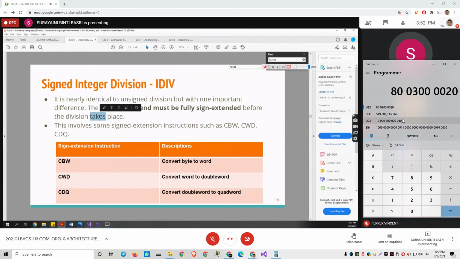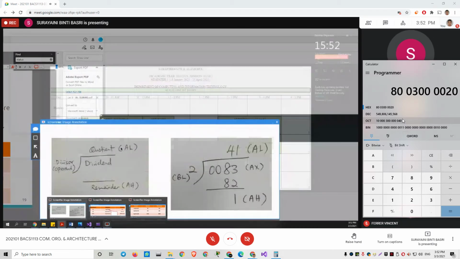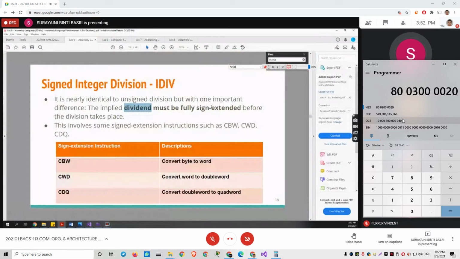Okay, so the difference is your dividend must be fully sign extended, meaning, we will see in our next slide.